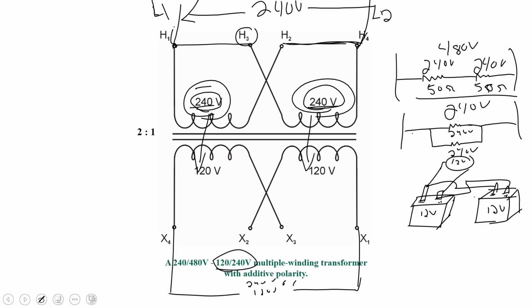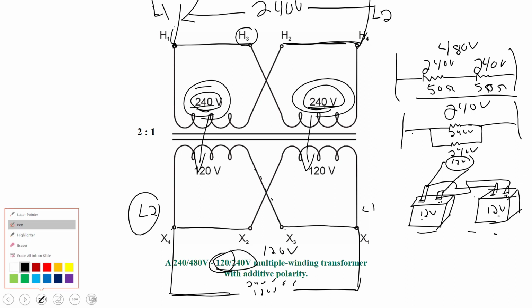So to produce 120 volts, I need to connect these windings up in parallel. So that's a parallel connection. So here's your line 1, here's your line 2. Line 1 is connected up to X3 and X1. Line 2 is connected up to X2 and X4. So now that is going to produce 120 volts because it's in parallel. Just like we have the two 12-volt batteries in parallel.